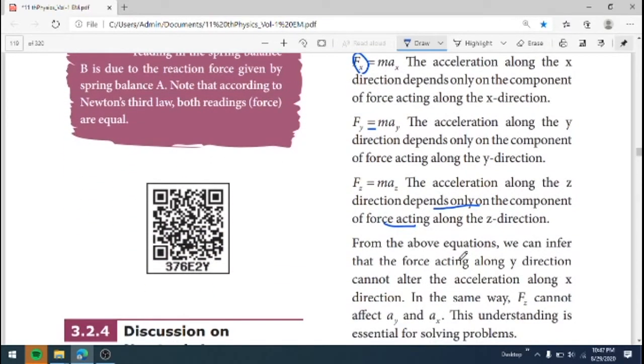Then what's the need of understanding this? Because it is all essential for solving problems. Here we understand that if a force acts along y direction, it cannot alter, the meaning of alter is change, the acceleration along x direction. And in the same way, force in the x direction cannot affect the acceleration in the y direction.